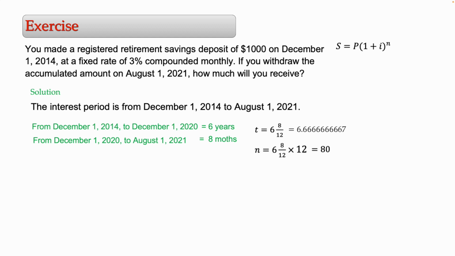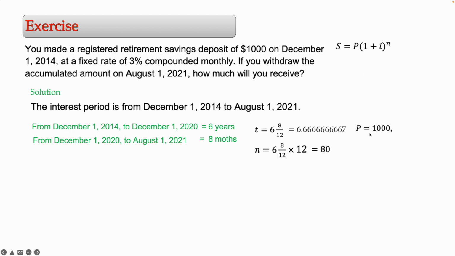Or maybe if you put 6 instead of 7, you're going to have maybe 79.999999999. So I prefer to use the fractions, especially if my calculator has a key for fractions. So we have then that n equals 80, and we have everything that we need to put into the formula.